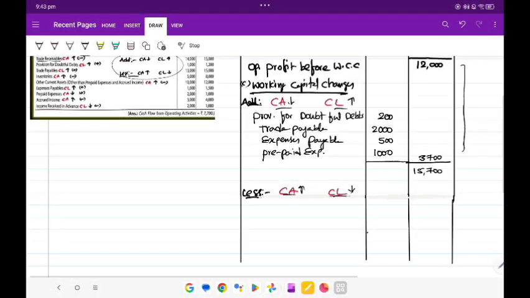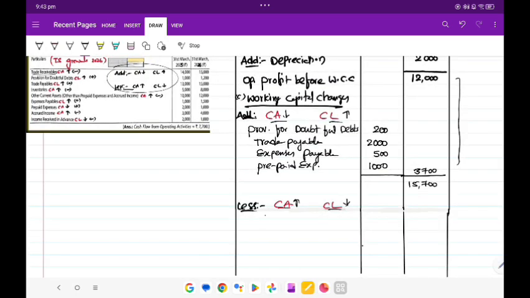Now we are looking at minus items. What are the minus items we have? First item is trade receivable, 1,000. Always take the difference value only. Inventories value is 3,000. And what else? Accrued income, also 1,000.